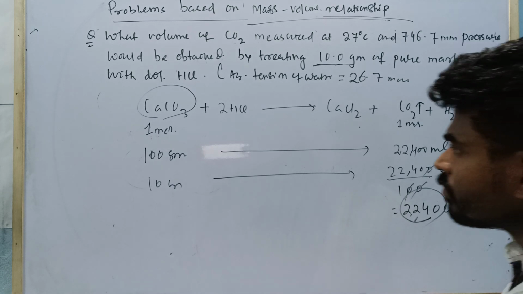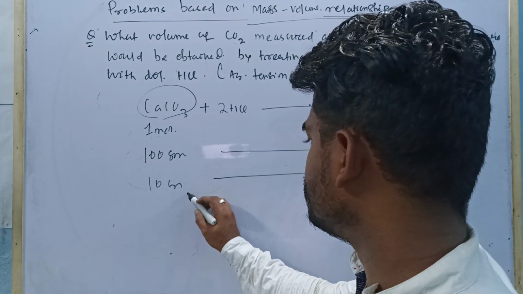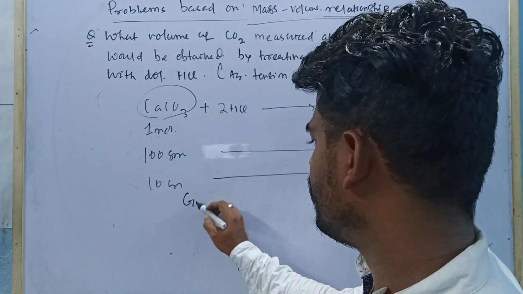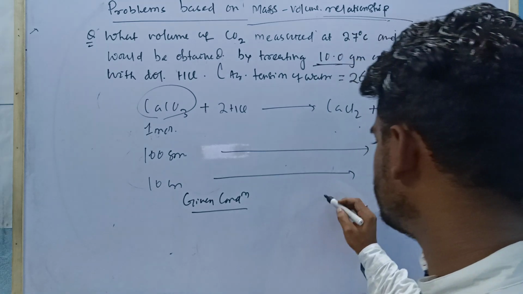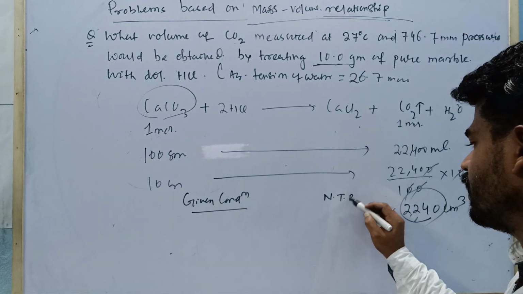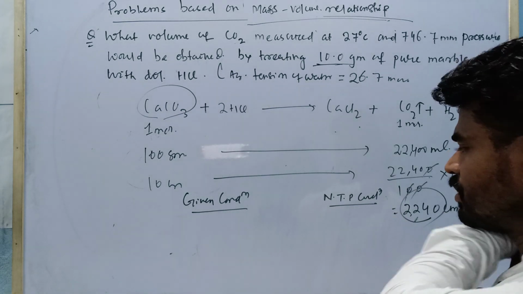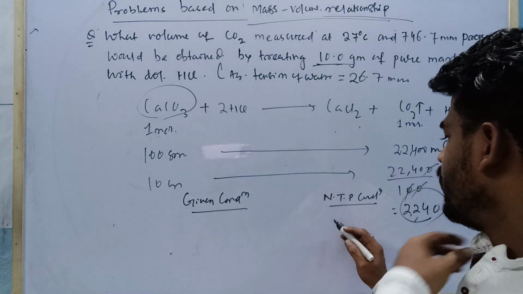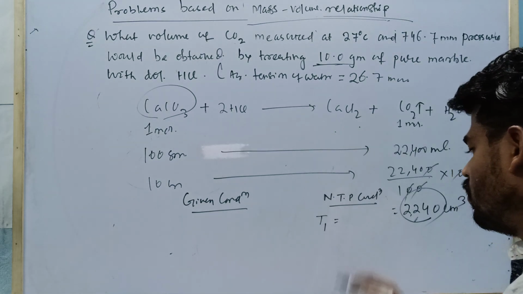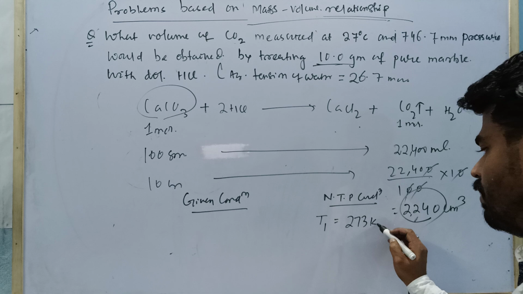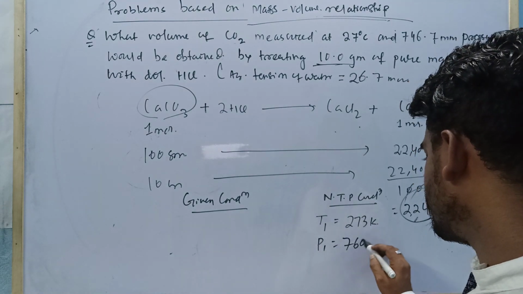Clear? So now you just apply the condition: one is the given condition and another one is your NTP condition. In NTP condition, T1 is always 273 Kelvin, and P1 is equal to 760 mm pressure.